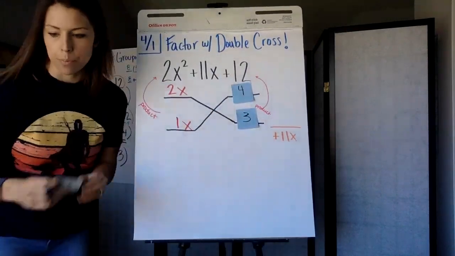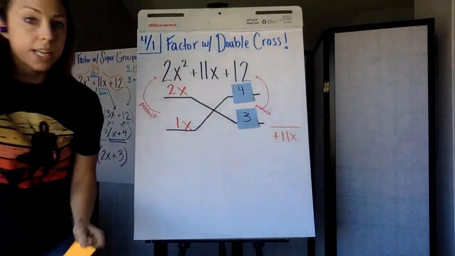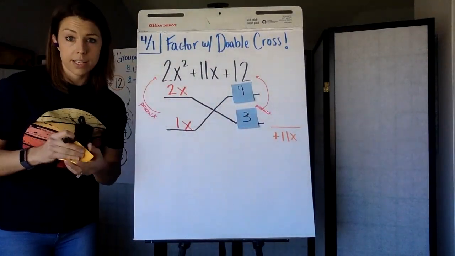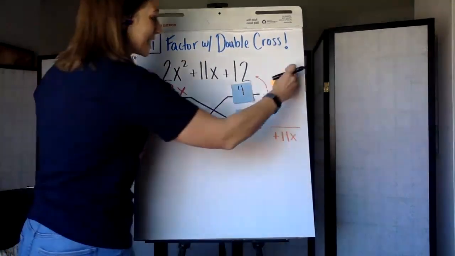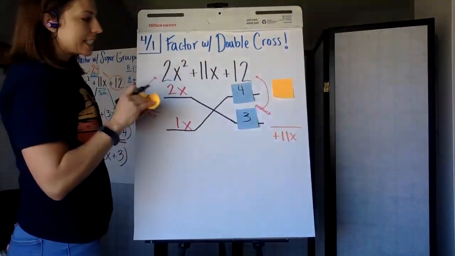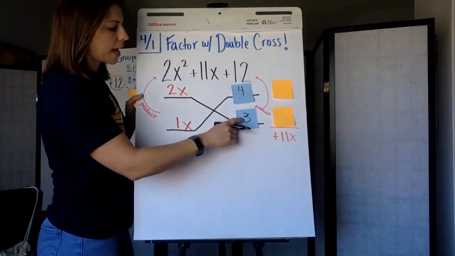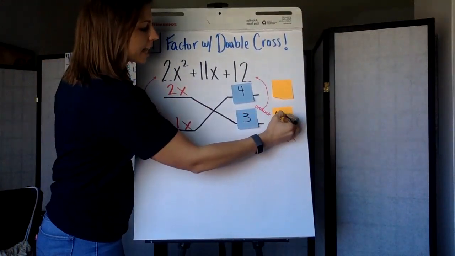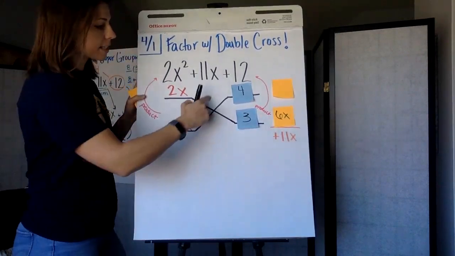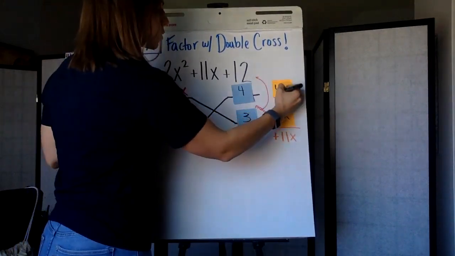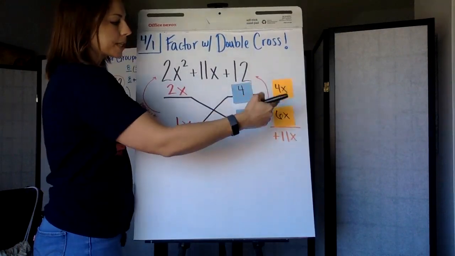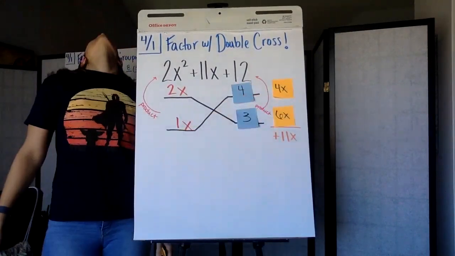This is a guessing game, which if you're good at guessing games, then you will like double cross. If you're not good at guessing games, you will not like double cross. All right, let's see if that worked. 2x times 3 is 6x. 1x times 4 is 4x. Does 4x plus 6x equal 11x?